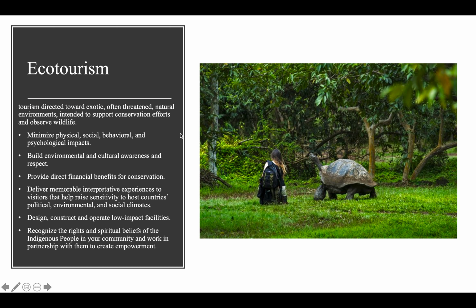Is the organization helping the local community? Are they low impact? Are they considering the impact they're having on the species that they're protecting? Or are they just looking for financial gain? But ecotourism, if done correctly, is a great way to help promote conservation.